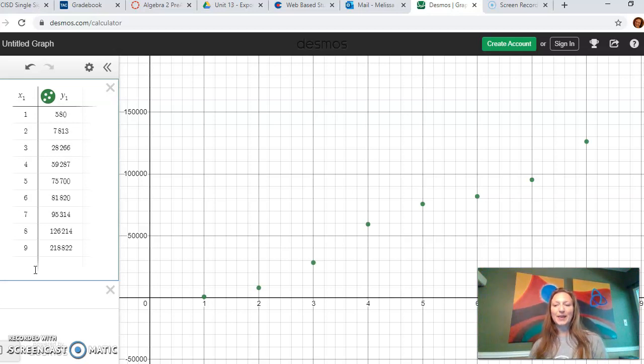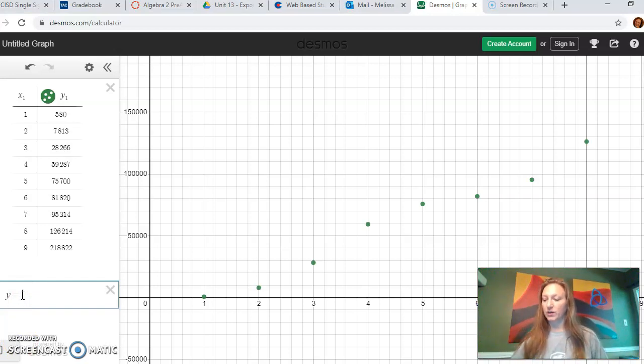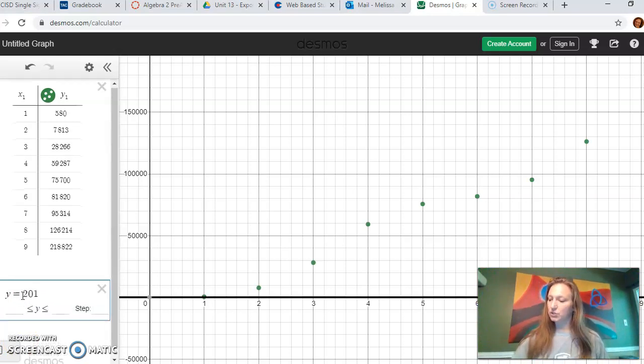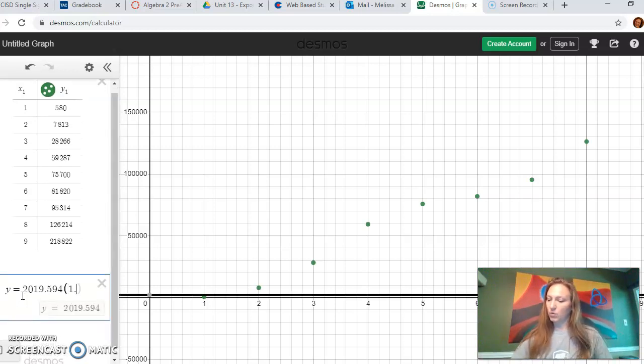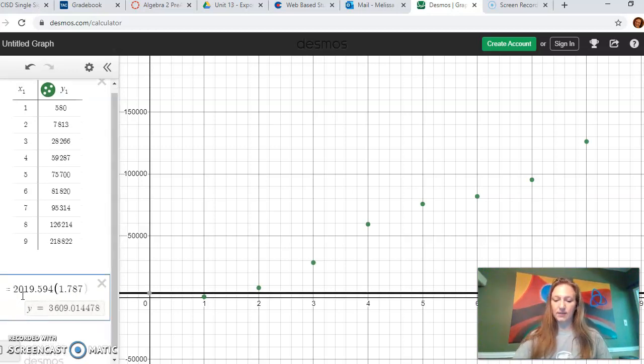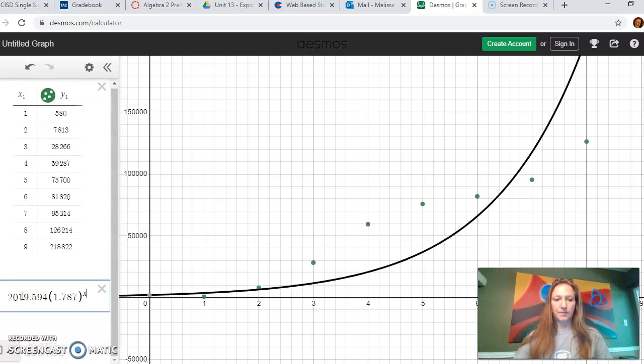Then to be able to see what your graph looks like, you guys are going to run a regression like we did last week using your stat edit. And then you can get an equation. So last week when we calculated the regression equation on this, we got 219.594, 1.787, and I did an up arrow to get that little x.